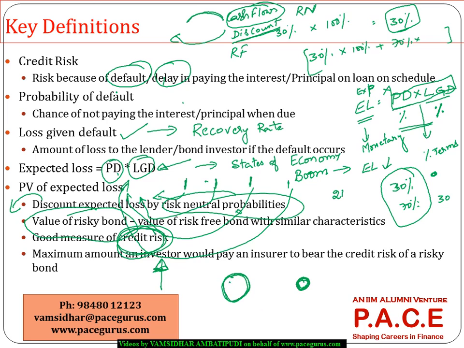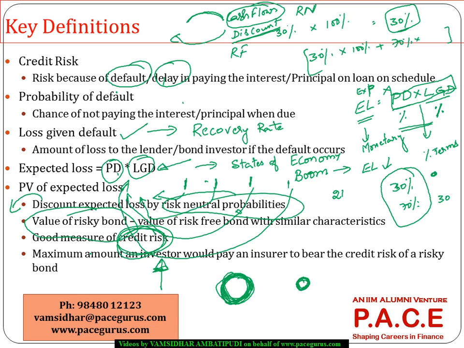So the excess that is being paid for the risky bond to bear the inherent credit risk is what is adding up to the value of the risky bond. So this is how a typical credit analysis process starts off.